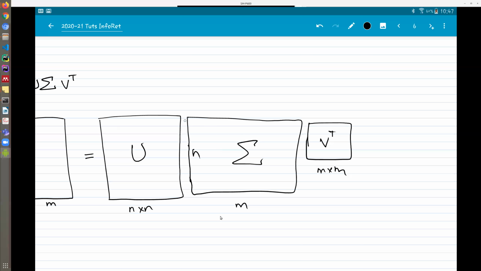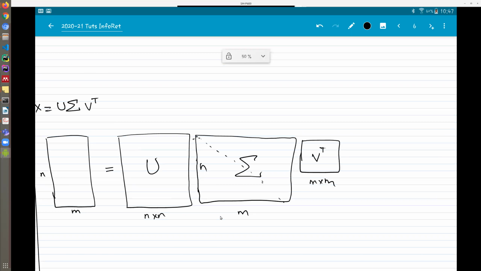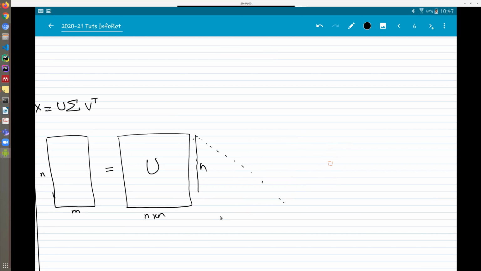This sigma we have in diagonal form. I did not plot it in a visually good way, I should have made it clearer. Just a moment. So we have n rows and m columns, and this is our sigma. This is the diagonal, and here we have 0.